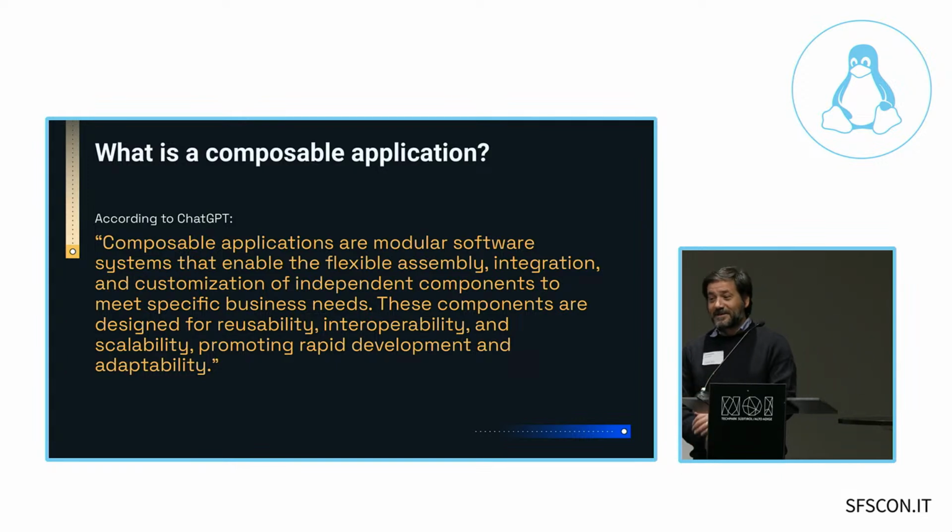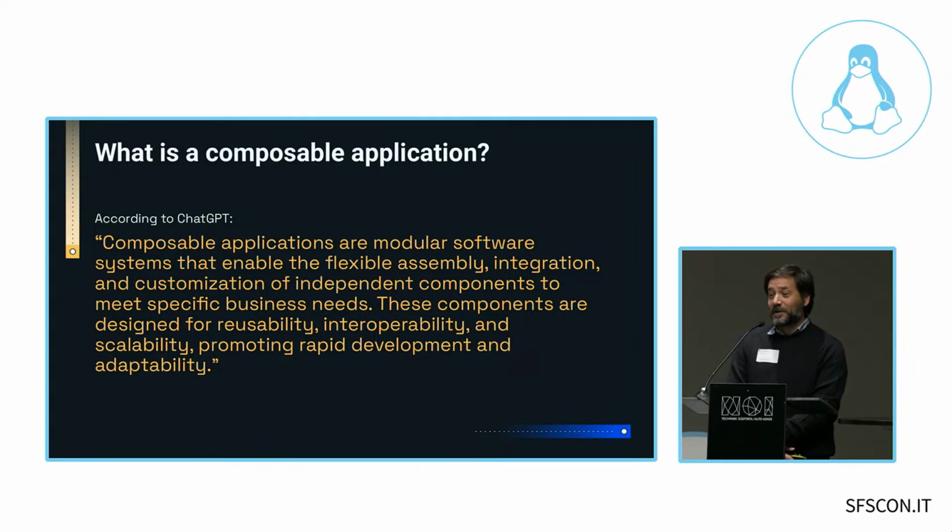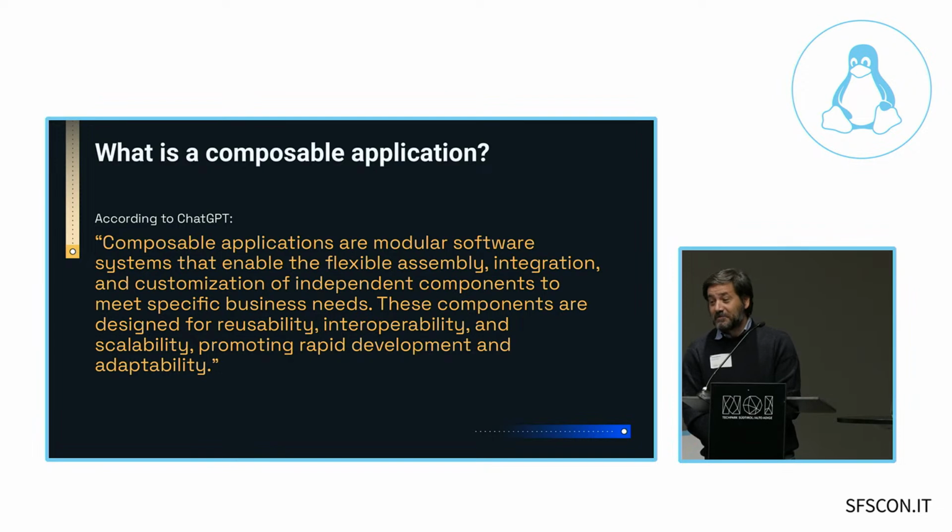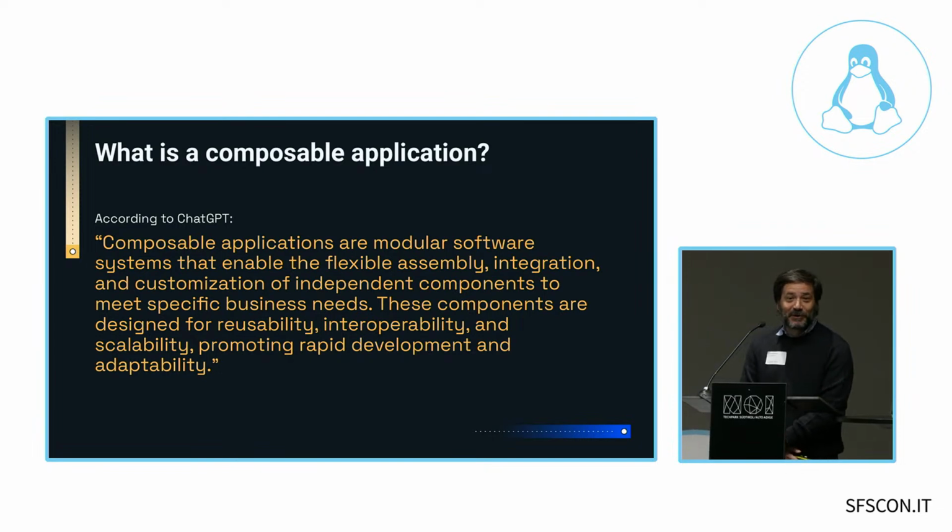These components are designed for usability, interoperability, and scalability, promoting rapid development and adaptability. It's a very good definition, to be honest. I couldn't come up with a better one, so it's there.